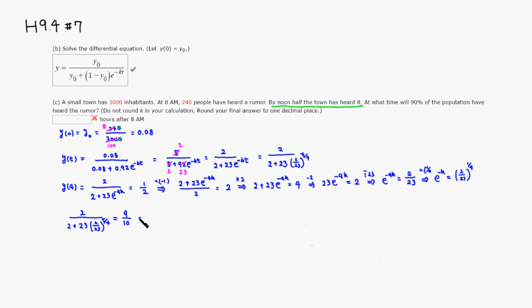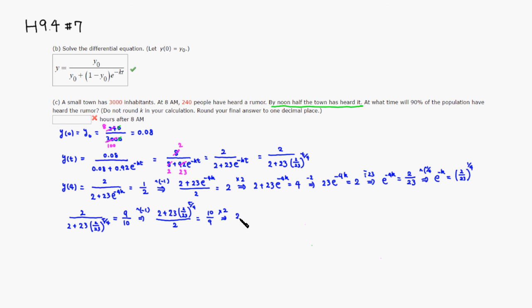Then we can just take the reciprocal of both sides. Then we have 2 plus 23 times 2 over 23, raised to the t over 4, over 2 is equal to 10 over 9. Then multiply both sides by 2.